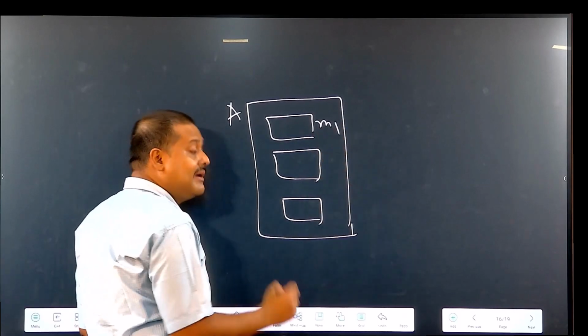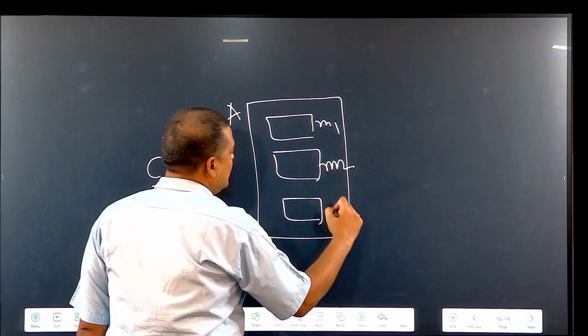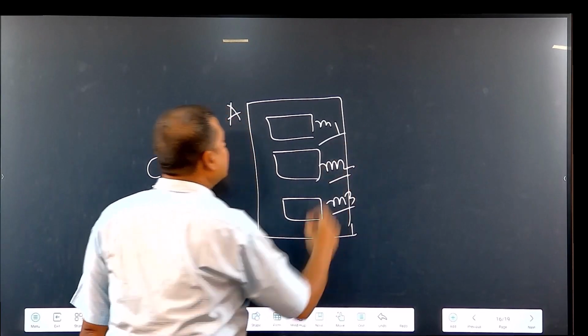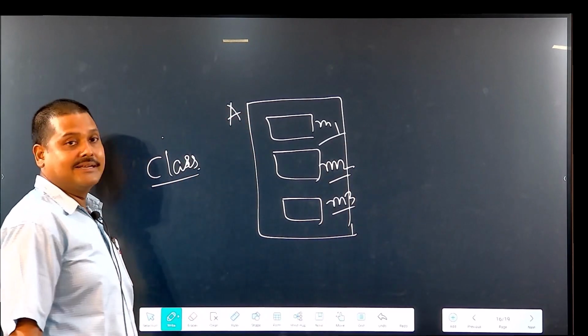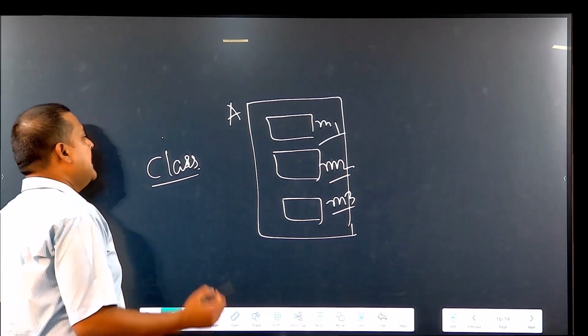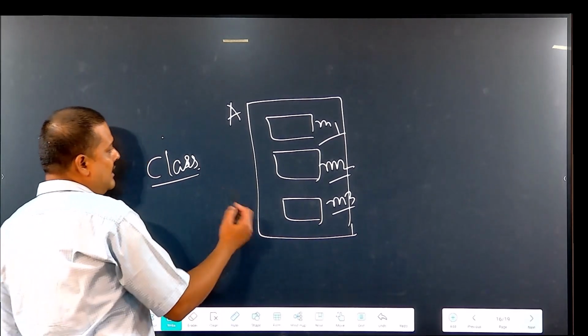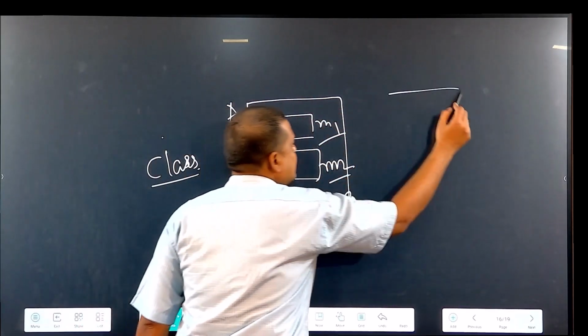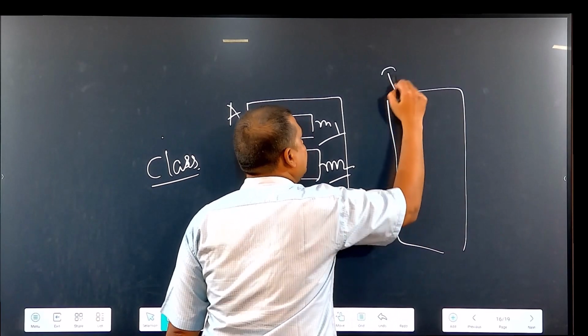It can be a variable or a method, member 2, member 3, whatever; they are the members of this class A.